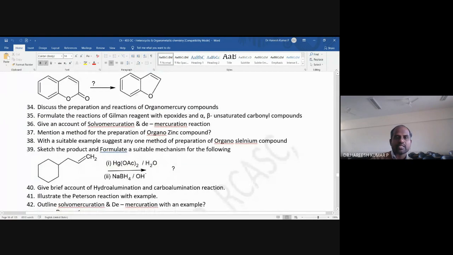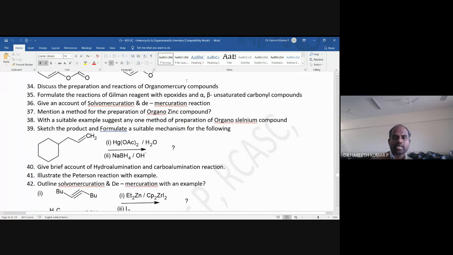And then discuss the preparation and reactions of organomercury. So mercuration, demercuration, solvomercuration, how it is useful in electrophilic substitution reaction, those things you can mention. So Gilman reagent: formulate the Gilman reagent and how the Gilman reagent is useful in the reaction with epoxide ring opening and how this is useful for alpha beta unsaturated carbonyl compounds.